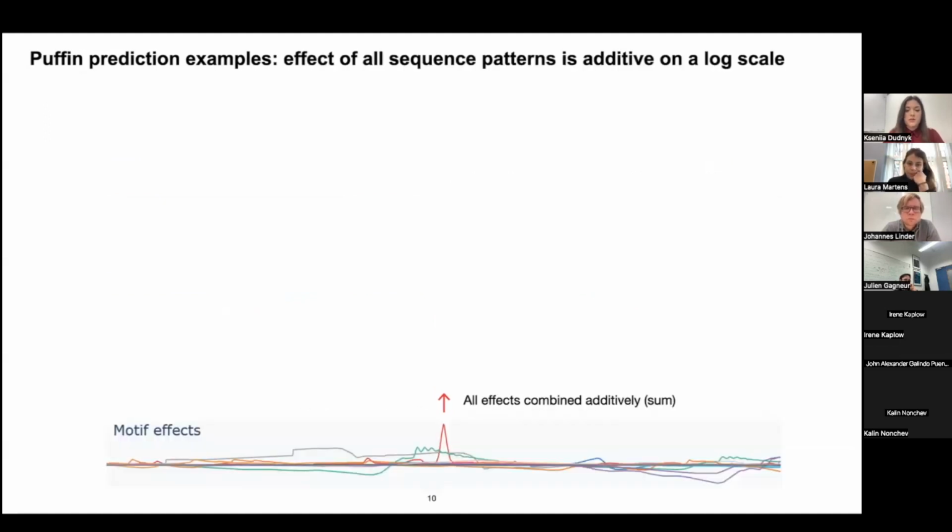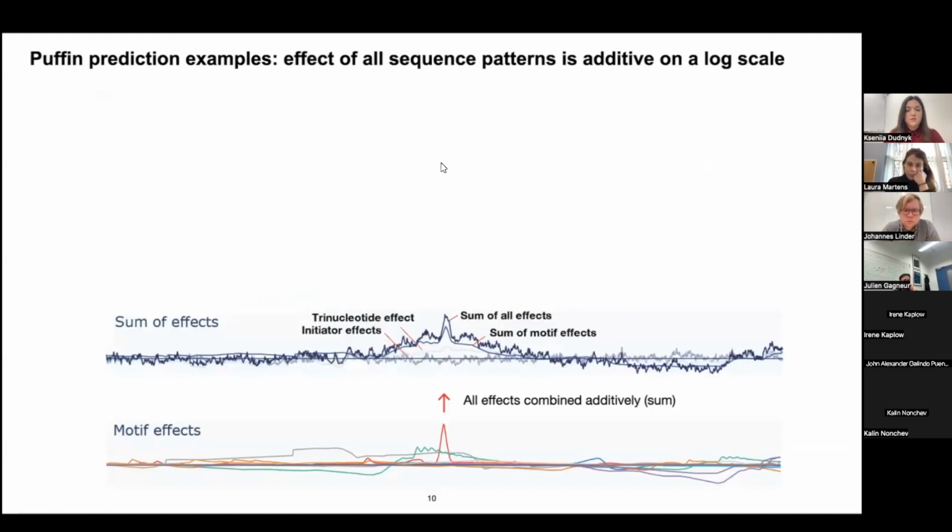Next, following the additive rule, Puffin sums up all effects per base pair. In the model, Puffin just sums up all effects of all motifs, all initiators, and trinucleotides. But on this plot, for convenience, we show all motifs summed up separately, and all initiators and all trinucleotides summed up separately. And then here is the sum of all of the three groups of sequence pattern effects.